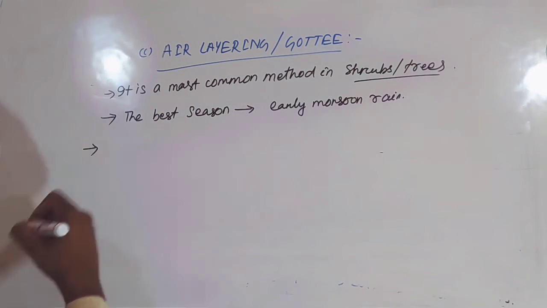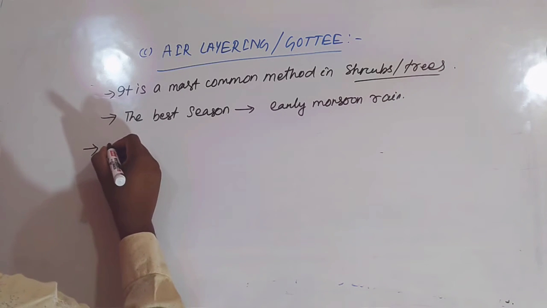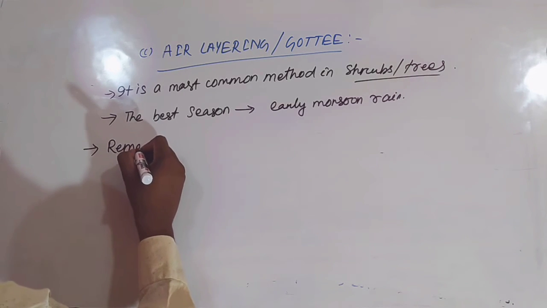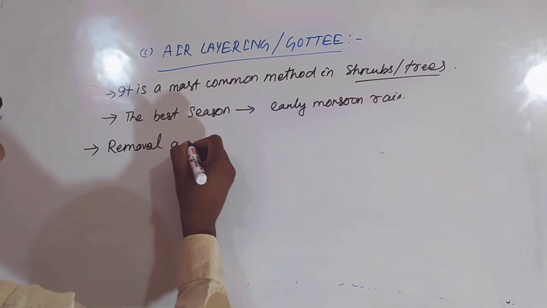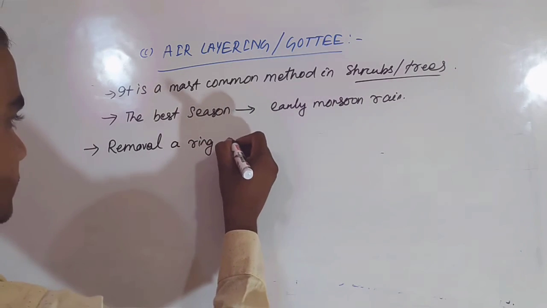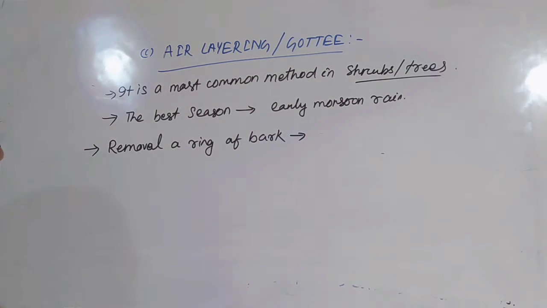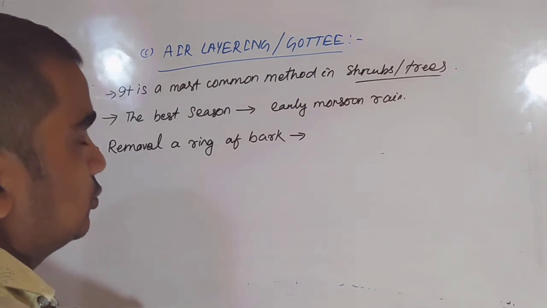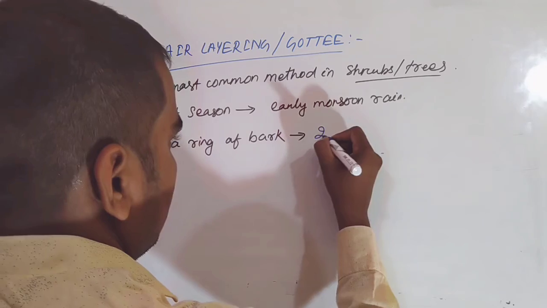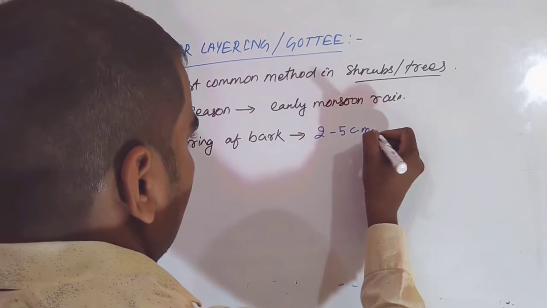In the first step, we have to remove a ring of bark for a distance of 2 to 5 centimeter. Important thing.